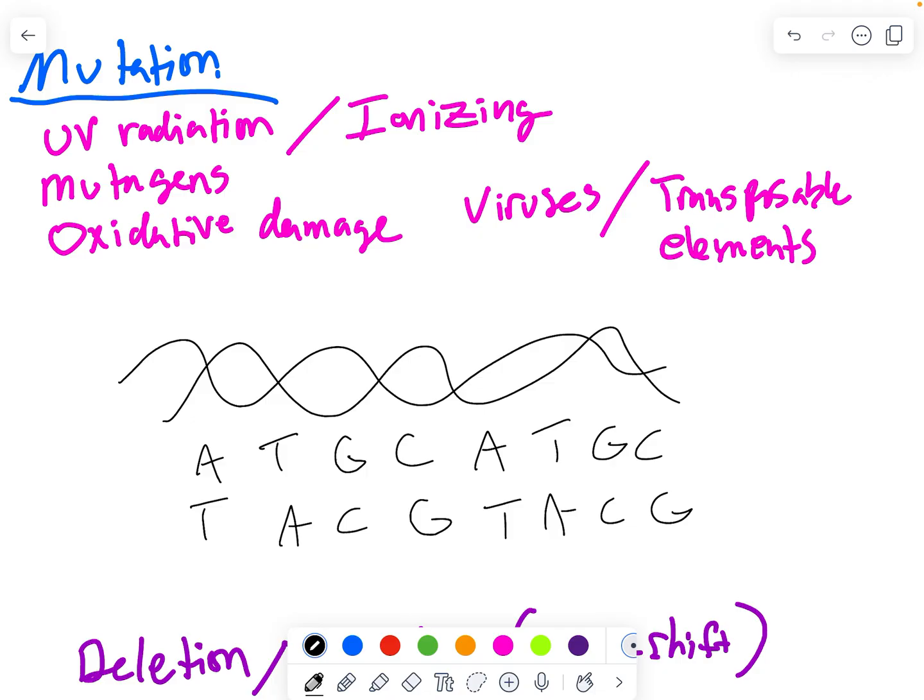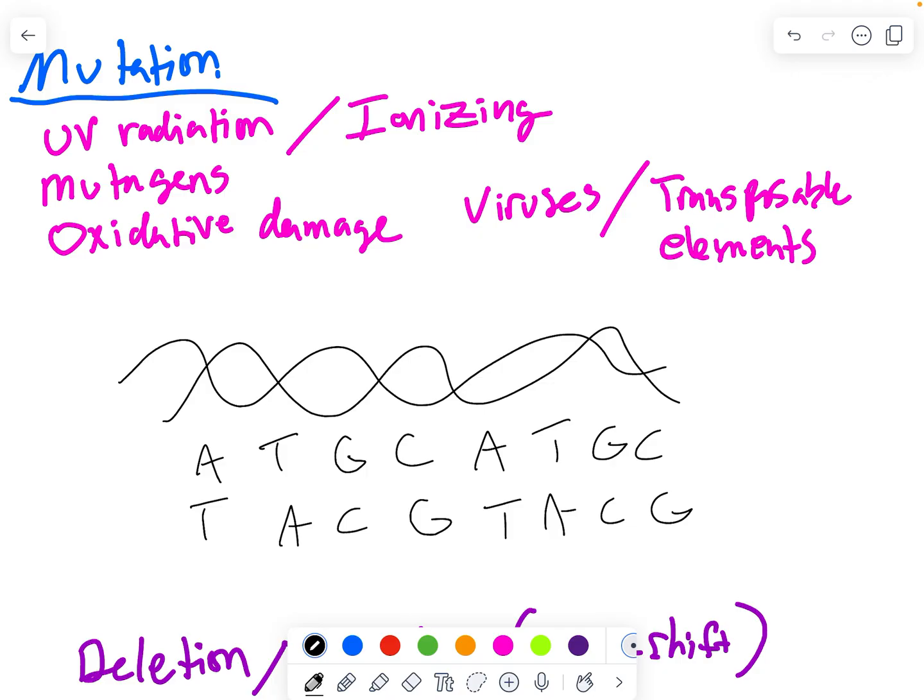So ultraviolet radiation happens when we expose ourselves to the sun, and that ultraviolet radiation pierces our skin and it makes it into our cells and it hits our DNA. And ultraviolet radiation basically causes changes to our DNA that makes it such that replication is less effective or ineffective.